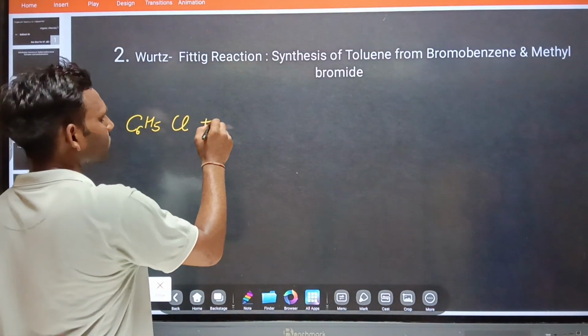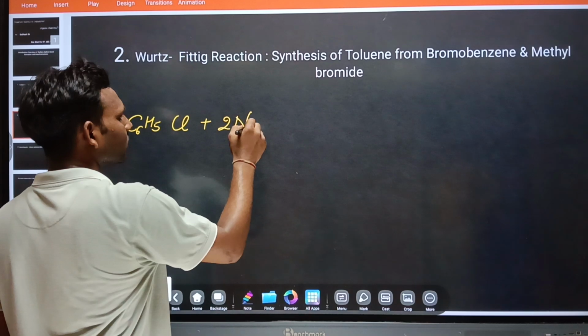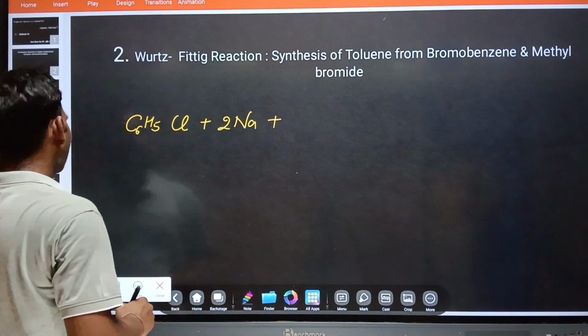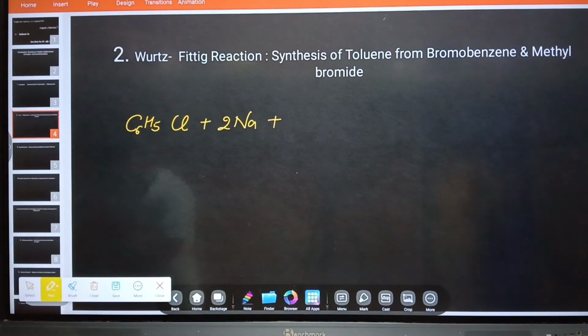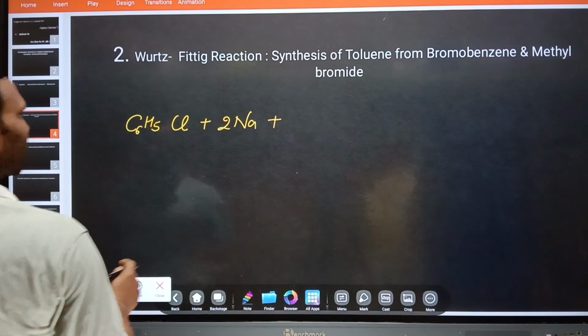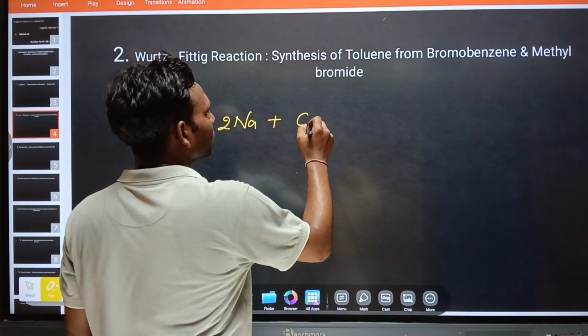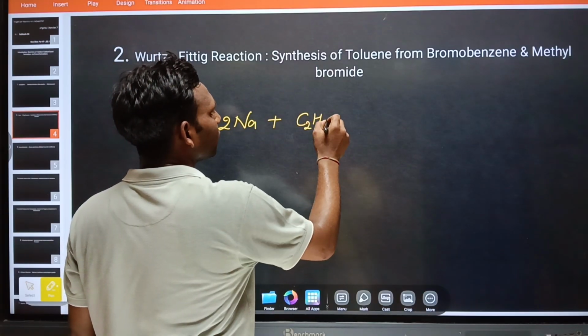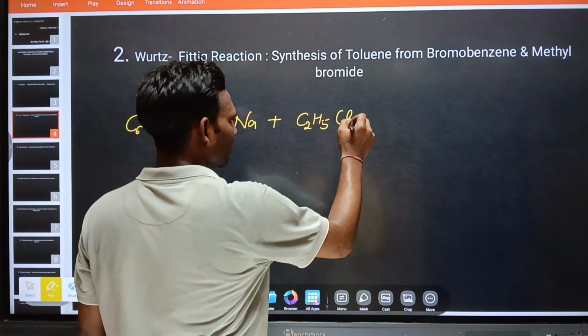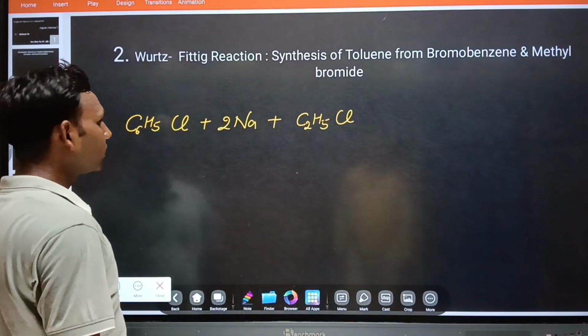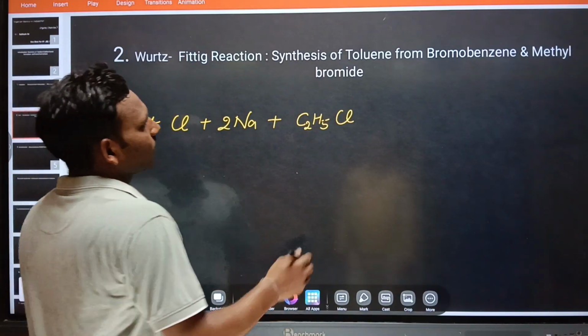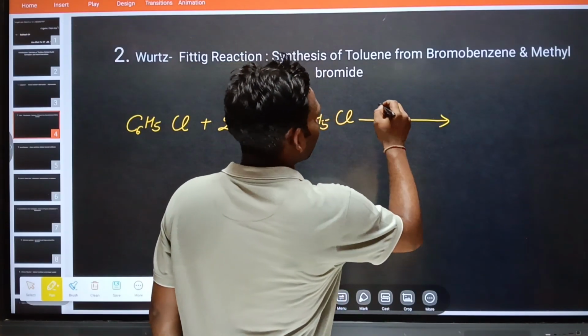The example is C6H5Cl plus 2Na plus the alkyl halide C2H5Cl, in the presence of dry ether.